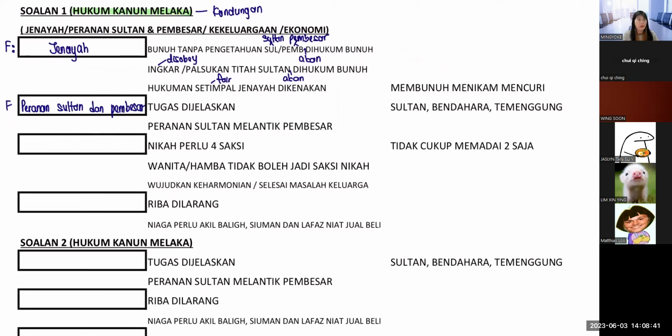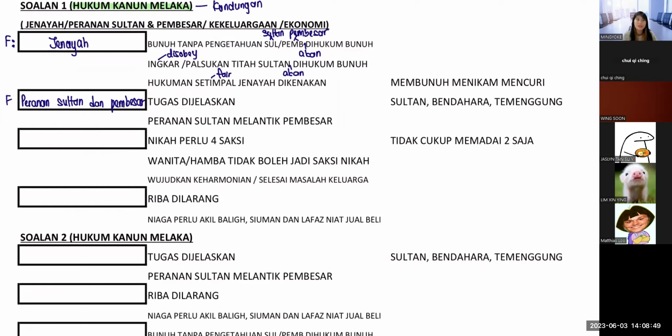Peranan sultan dan pembesar di dalam undang-undang tersebut menjelaskan tugas mereka, yaitu Sultan, Bendahara, Temenggung. Selain itu, menjelaskan peranan Sultan melantik pembesar. Then, of course, we also have another fakta, which is our family law, kekeluargaan.